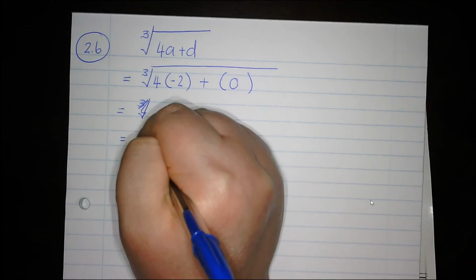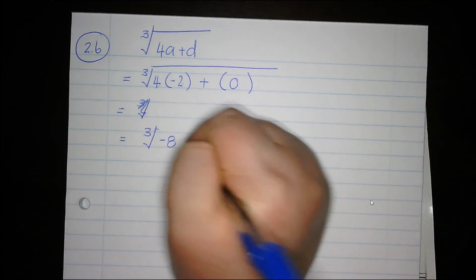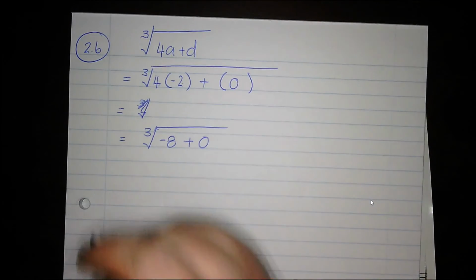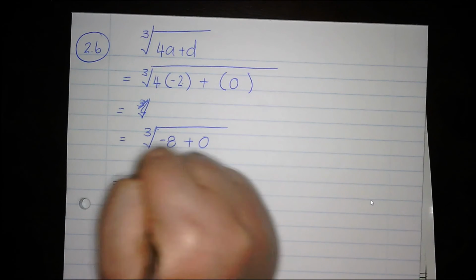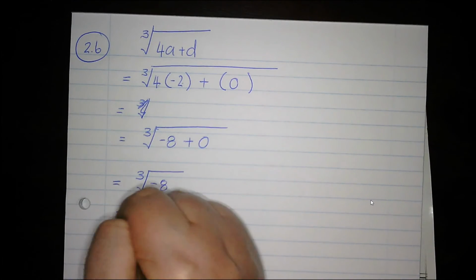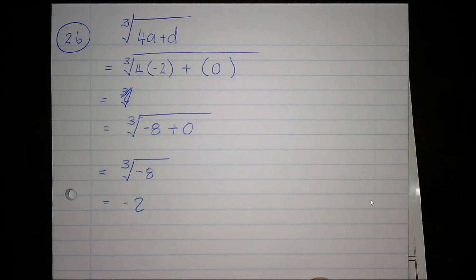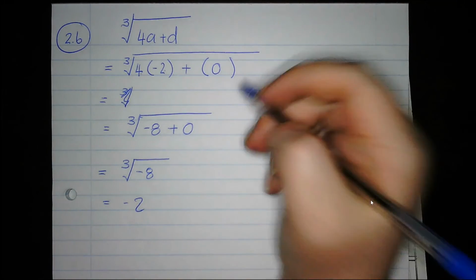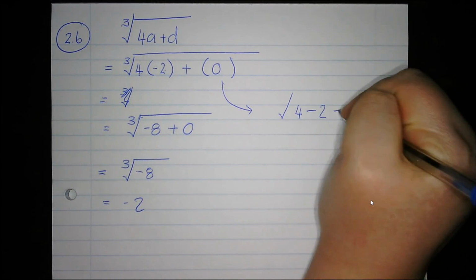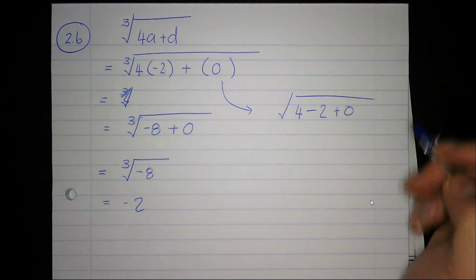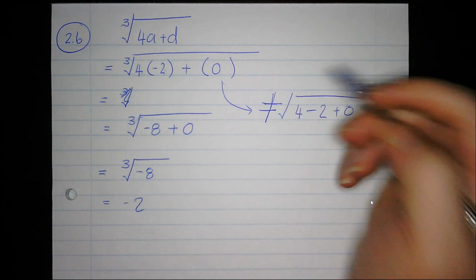That's going to give us the cube root of 4 times -2 is -8 plus 0. -8 plus 0 is still -8. And the cube root of that is -2. So you can do this. Please just remember to use your brackets, because if you write this without the brackets, that looks like 4 minus 2 plus 0, which is not what we wanted, right? So that's not the same thing.